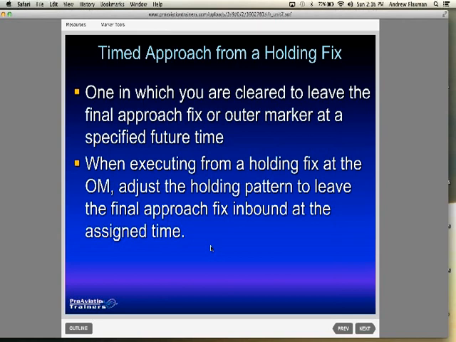So basically, even though the book says this, once you get the EFC, you're departing the hold and proceeding to the outer marker for the approach. And if you have comm failure already, they expect you to be leaving at the EFC time and proceeding to the approach. So while it says adjust the holding pattern to leave the final approach fix inbound at the assigned time, I'd be more concerned with leaving the hold at the EFC.